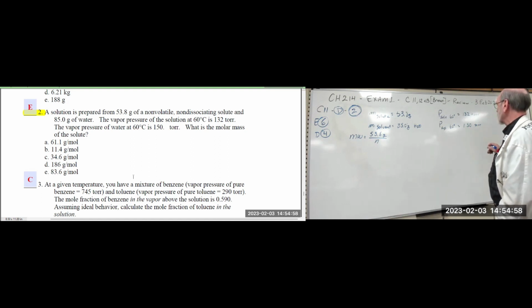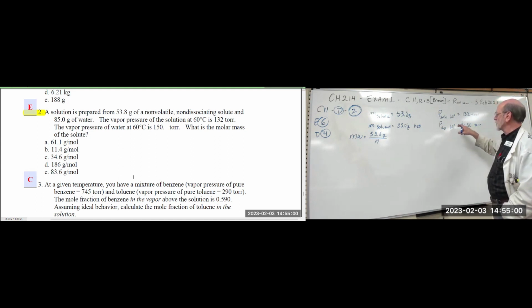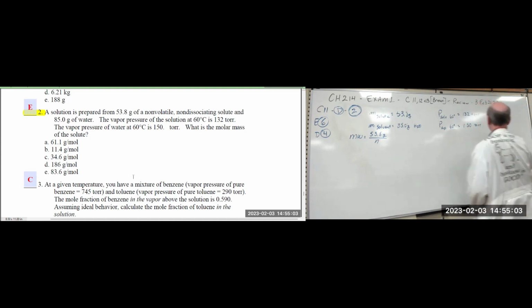The vapor pressure of the solution is equal to the mole fraction of the solvent times its pure vapor pressure.